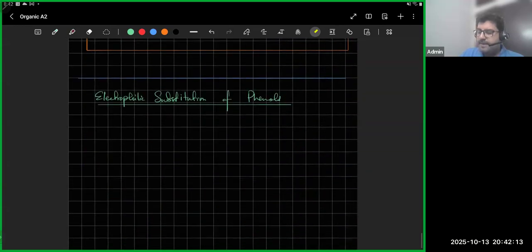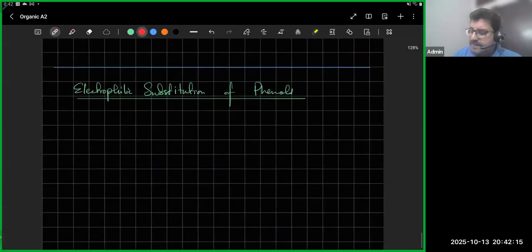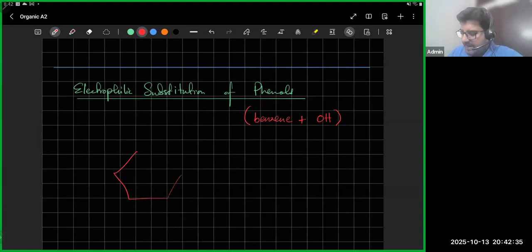A phenol is basically a benzene plus an OH group. But what you also have to remember is that it's not an alcohol, although it kind of looks like an alcohol, and it behaves differently compared to an alcohol.